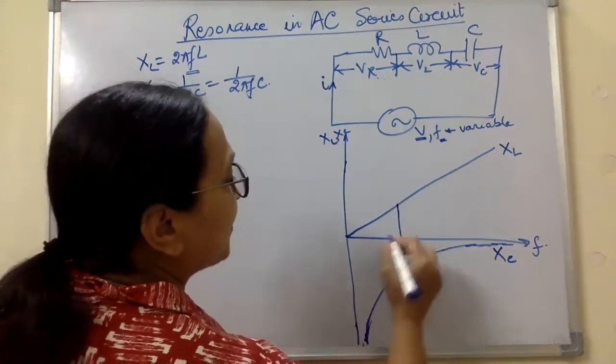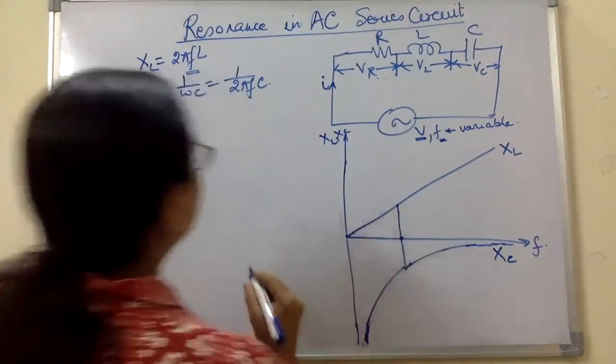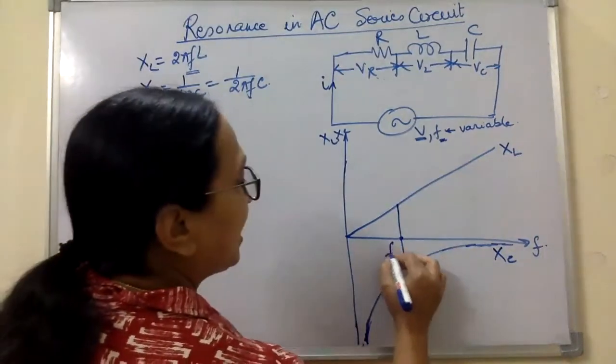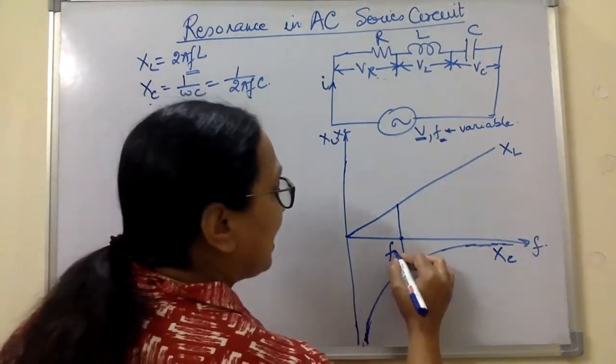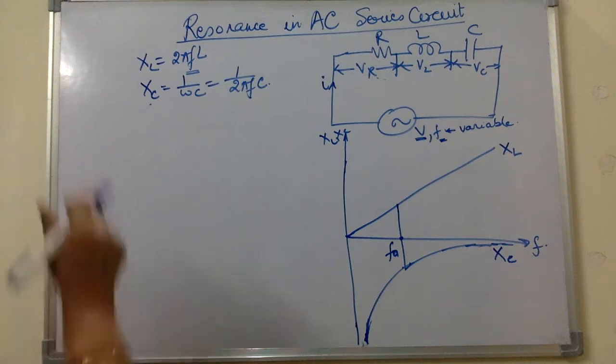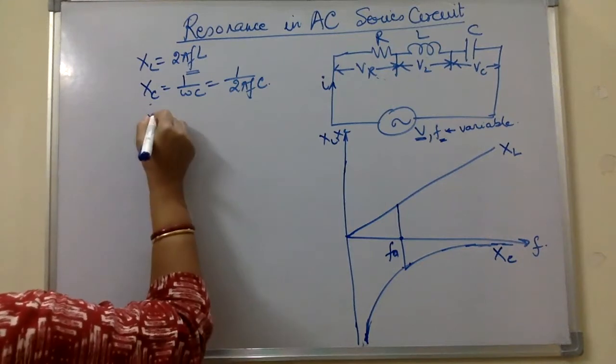That is, at this point, you are having XL equal to XC. So that special point is known as the F0 or the FR condition, that is the frequency at which your inductive reactance is equal to the capacitive reactance, known as the resonant frequency. Now, why it is resonant frequency and how it is important, that we'll try to understand over here.